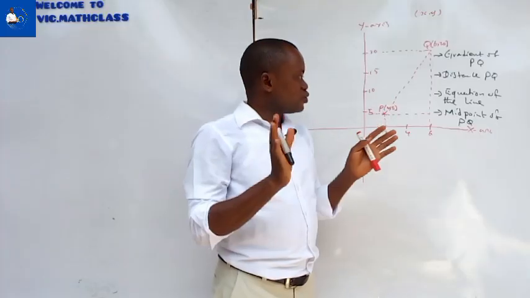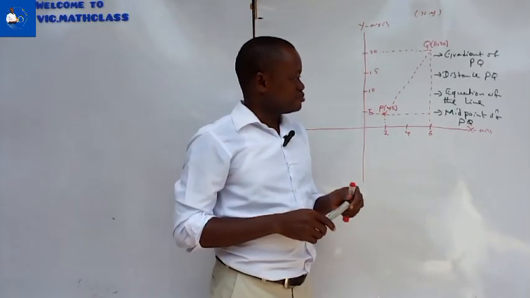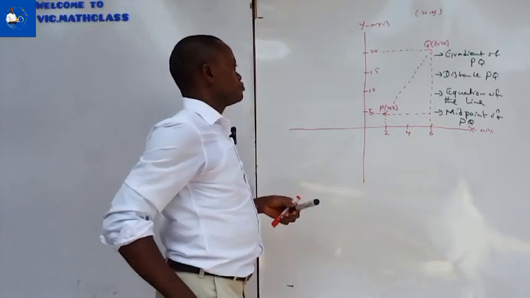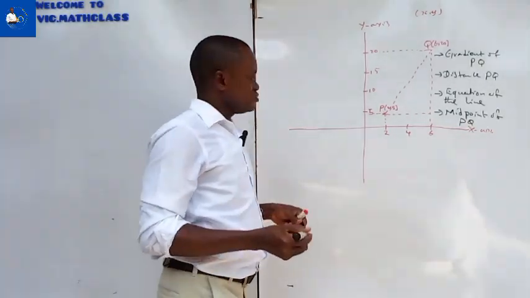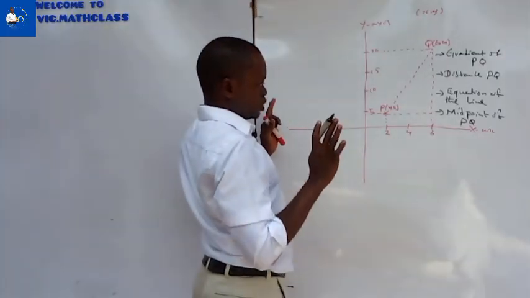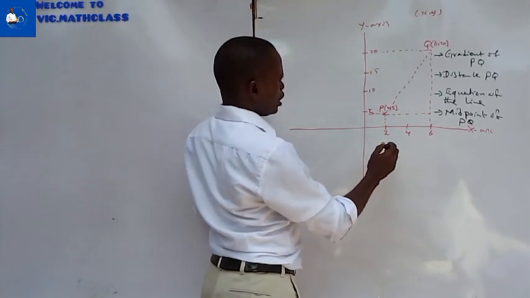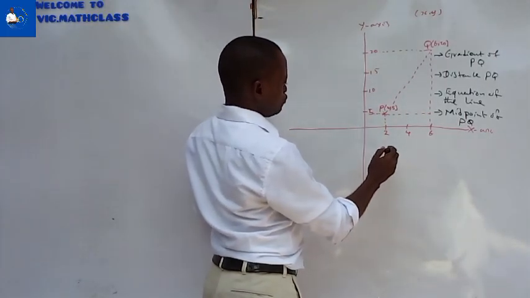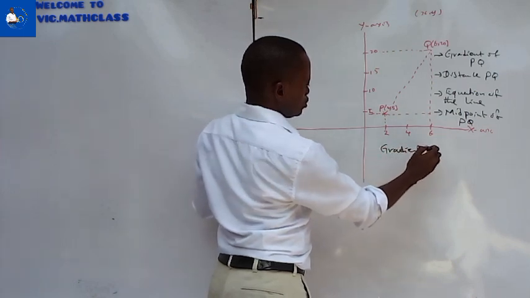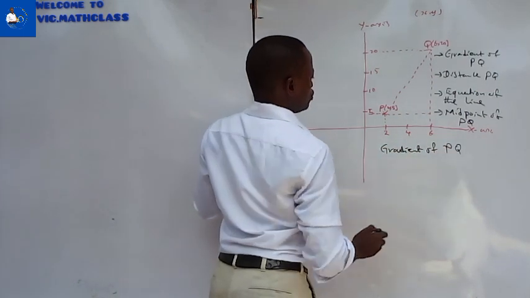These things now are what I want to quickly look at. I believe it's not going to look like you spent your time without getting something. So the first one, let's go and take it. I'm sure that my explanation is very clear. So assuming I am looking for the gradient of PQ, that line PQ.